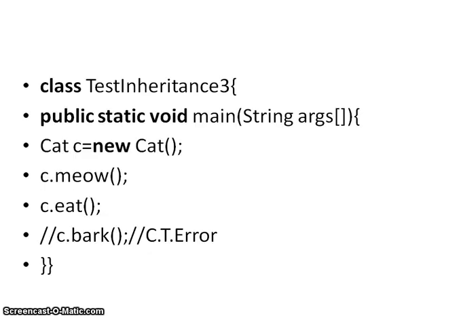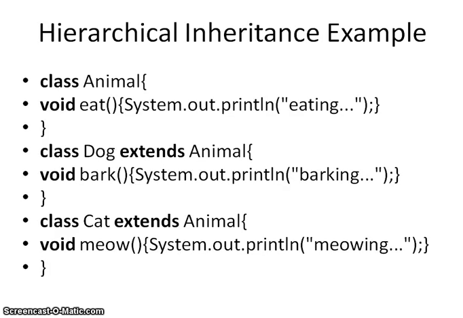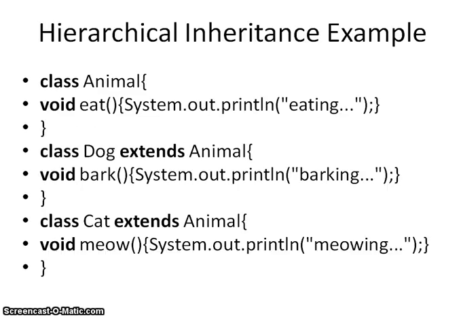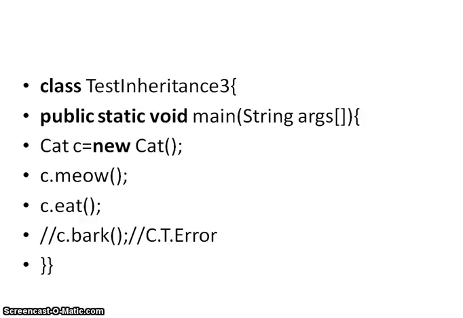Next, in this test inheritance 3, I am declaring the main method. I have to create the object of cat class. Here a cat class, and c.meow and c.eat. Where is eat? Eat is in animal class. Meow is in cat class.